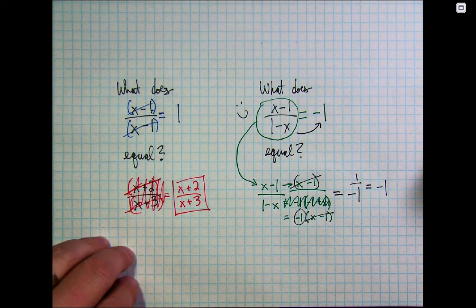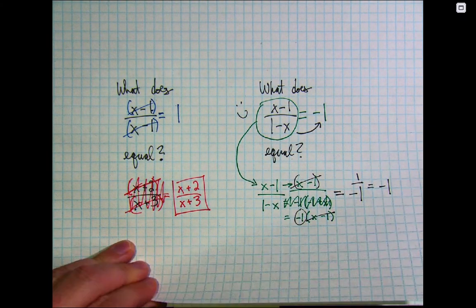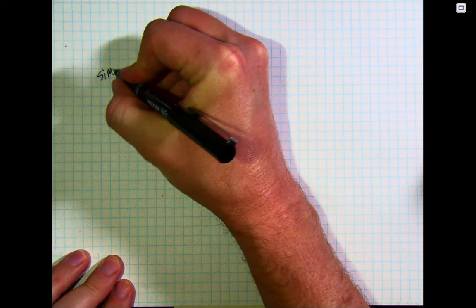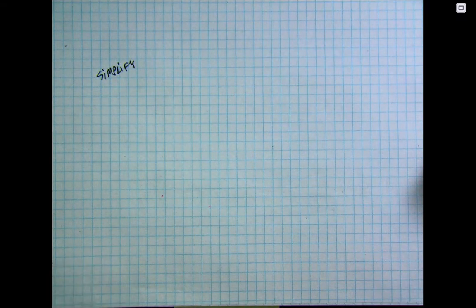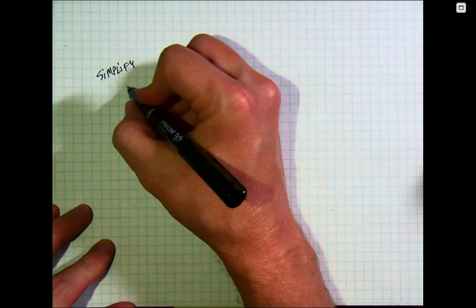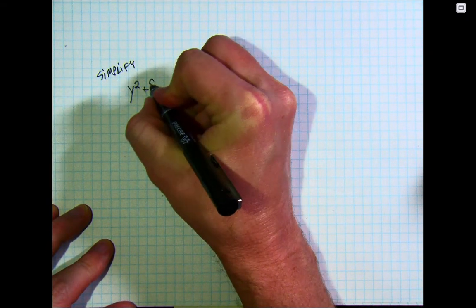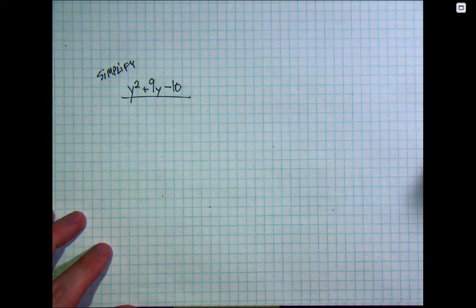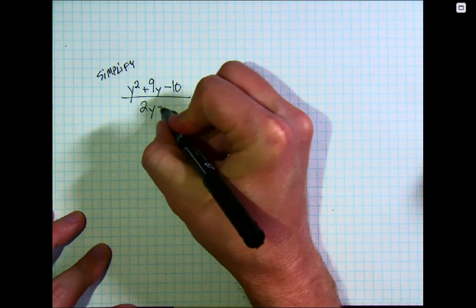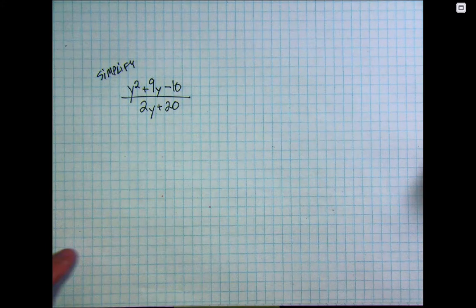Okay, next I would like you to tell me how could we simplify the following rational expression. Let's say I have y squared plus 9y minus 10 over 2y plus 20.